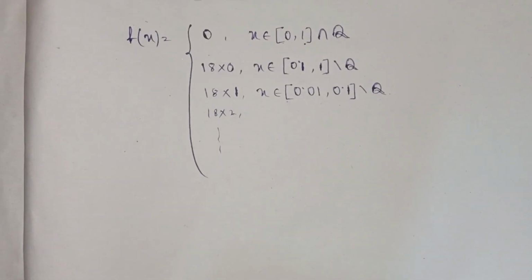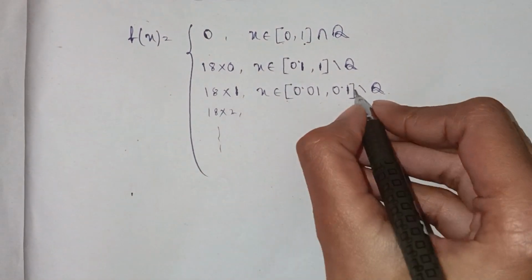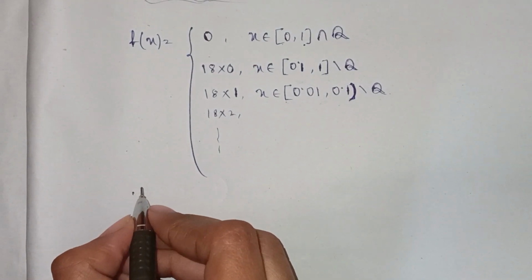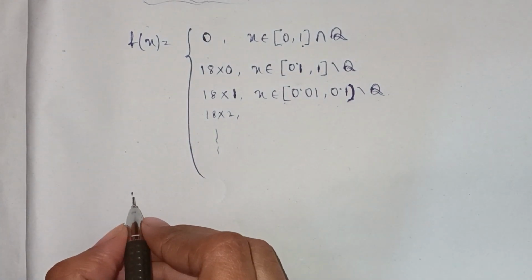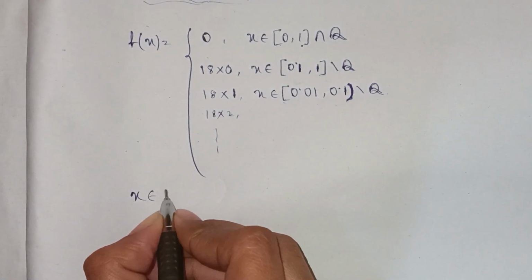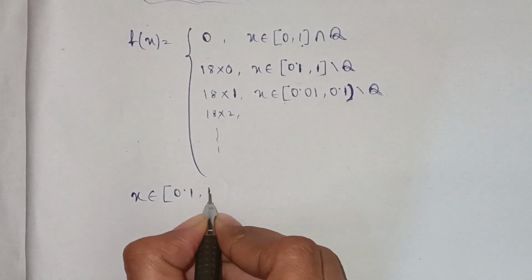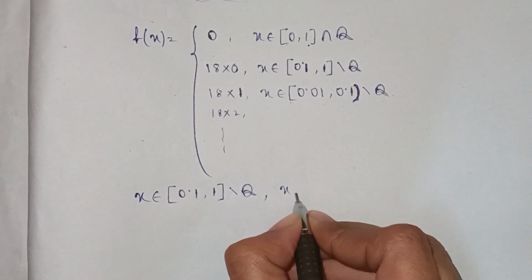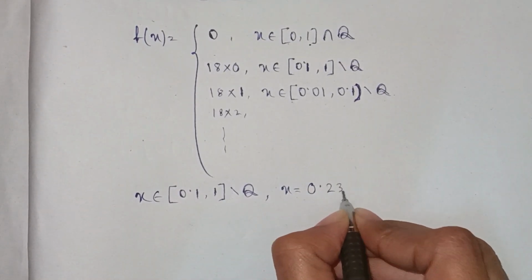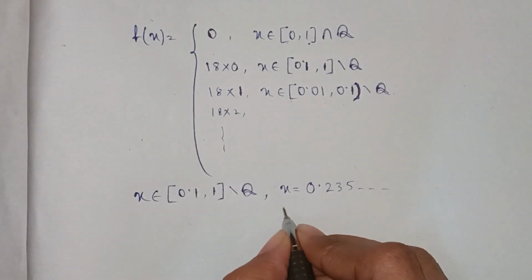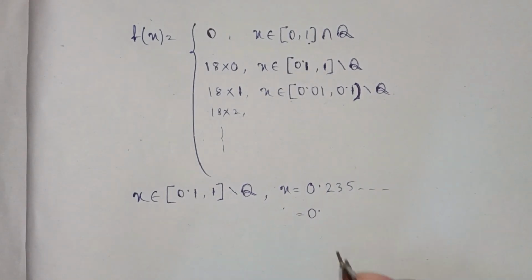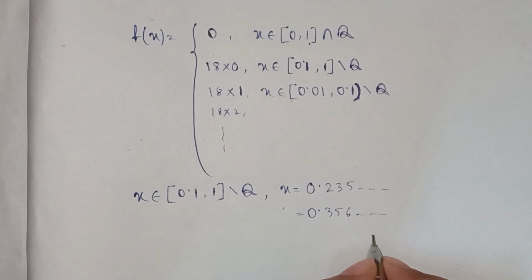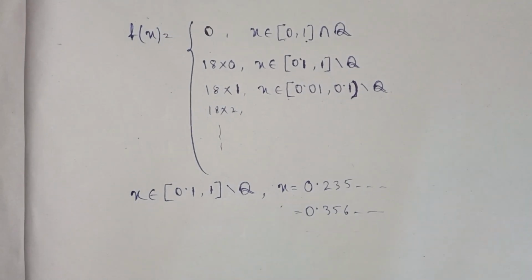Let me explain. This will be an open interval, right? If x belongs to (0.1, 1) minus Q, then x will be of the form 0.235..., or x can take the value 0.356... etc. Why?